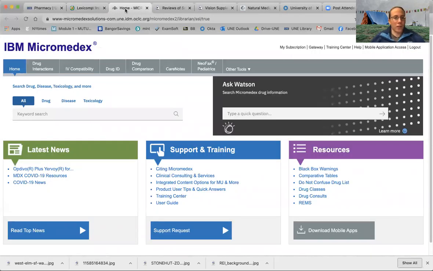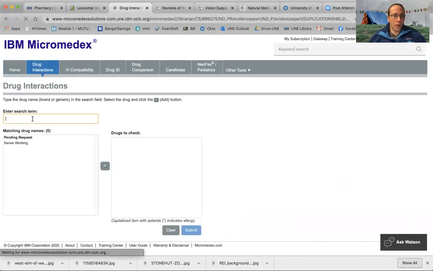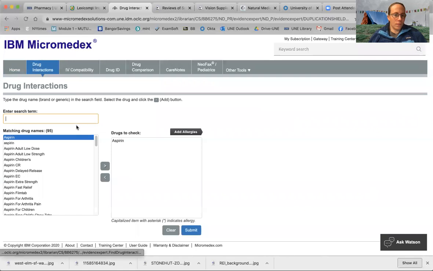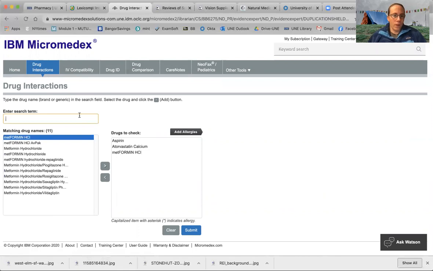I can type these all into Micromedex as well. Let's see if we get anything different. I have to say, I like the autofill on Micromedex much better.